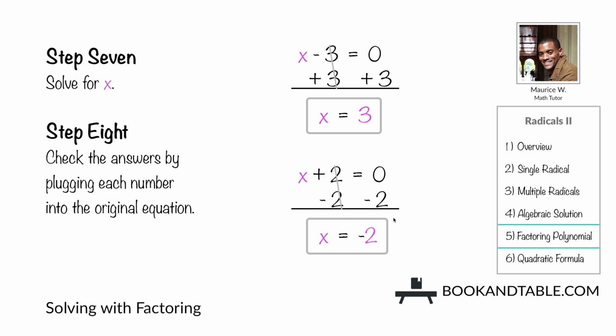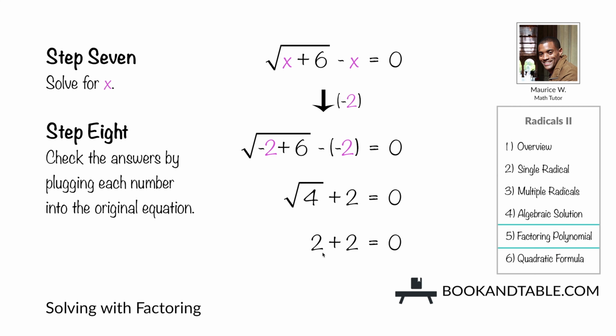And now lastly, step 8, check the answers by plugging each number into the original equation. So that was the square root of x plus 6 minus x is equal to 0. We first want to check negative 2 by plugging it in both places where you see x. So that gives you negative 2 plus 6, which is 4.